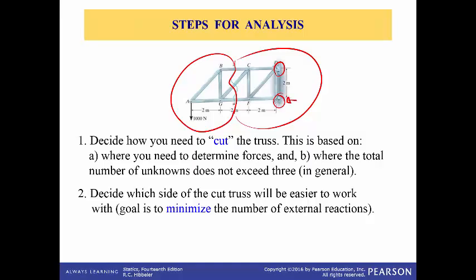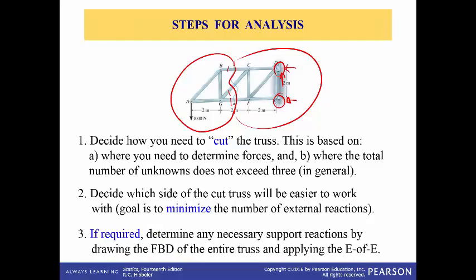Here I have a roller, so it's in X, and here I have a pin, so you have X and Y. So if I want to determine these 3 forces in those 3 thin members, then I better use the left hand side. But you cannot always avoid having to calculate the support reactions. And then, of course, you have to draw your free body diagram for the entire truss.